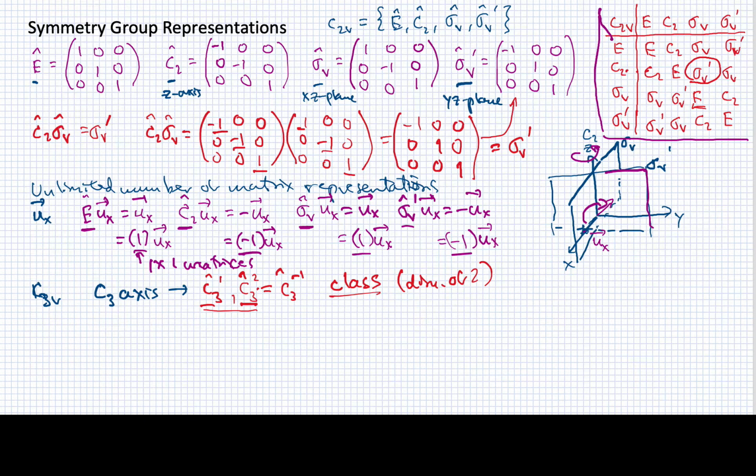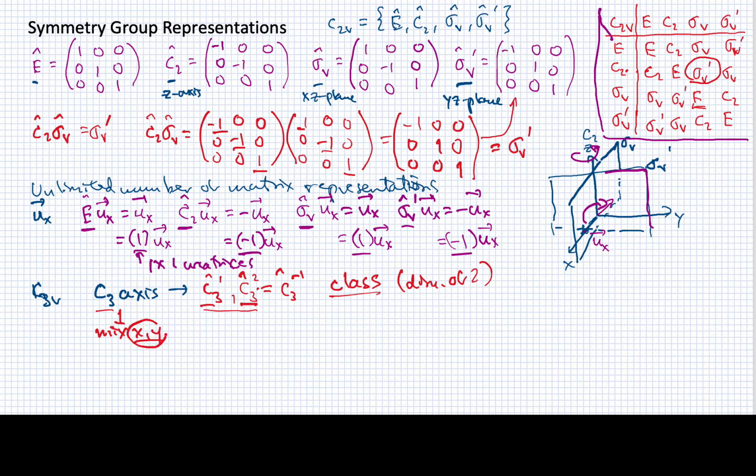All right, and because this is a rotation by 2 pi over 3, that's what the C3 rotation means. It means that every time I rotate, I'm not rotating by pi or by pi over 2, or by 2 pi. I will be mixing x and y together, much as we did in that video showing how matrices could be used to represent symmetry operations.